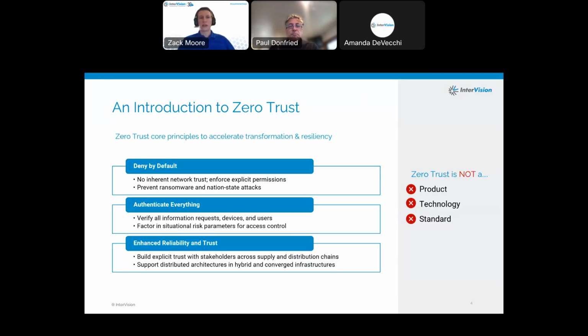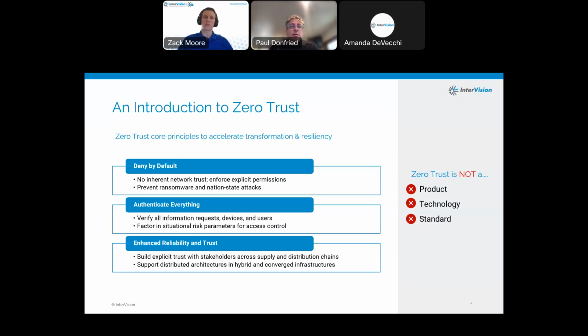So Zero Trust, what is it? To talk about what Zero Trust is, I'm first going to talk about what it isn't. It isn't a single product or technology or compliance standard that's out there. There are standards like NIST 800-207, which we're going to talk about in just a little while here, that are mapped around Zero Trust.